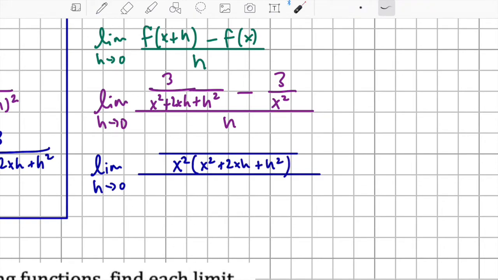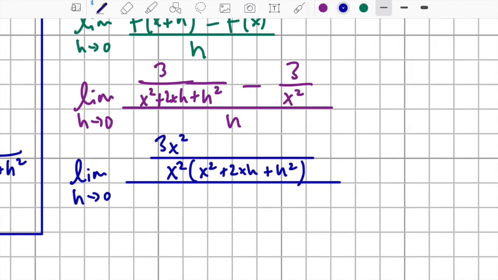And now to get the numerator, what I want to do is multiply 3 with x squared. That gives me 3x squared. The next step is to multiply 3 with this denominator. Notice there's a negative in front. This negative makes the 3 negative. So that means that when you multiply with this, you have to distribute the negative.